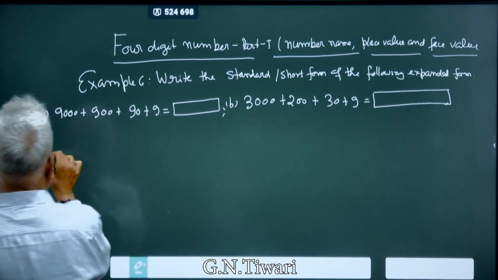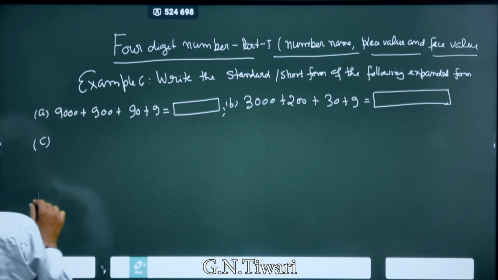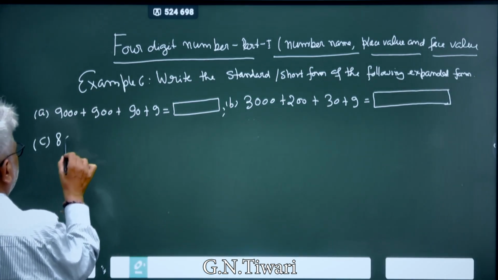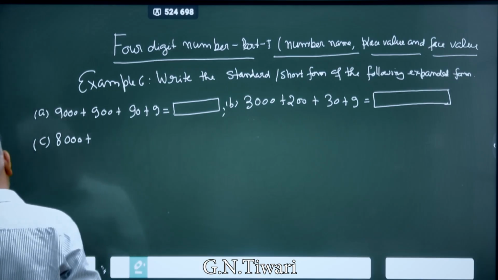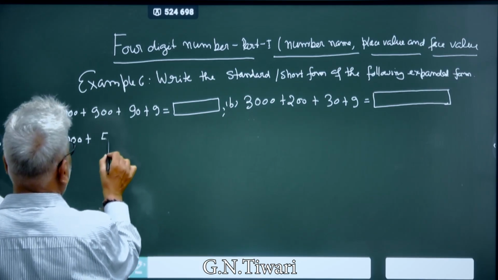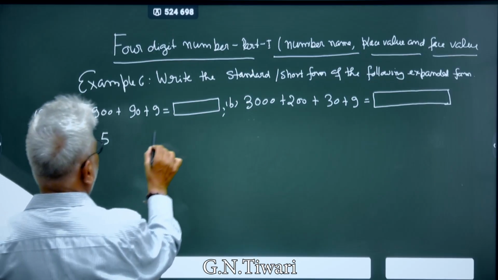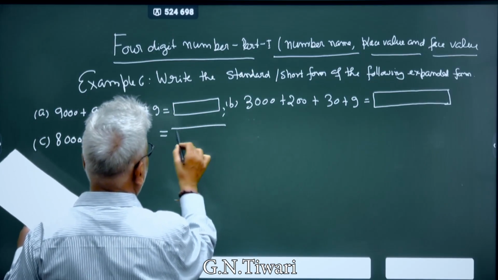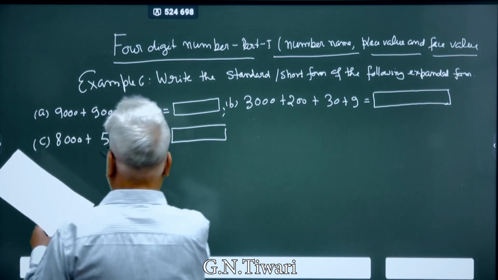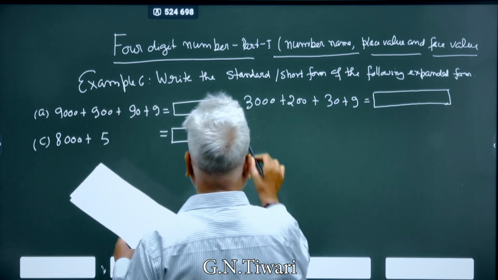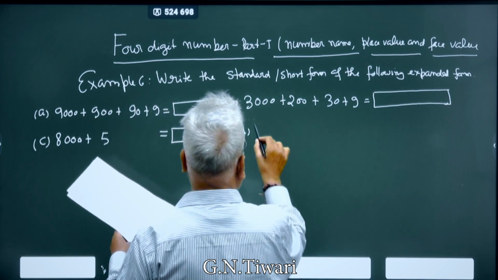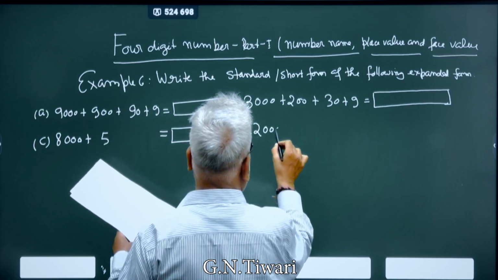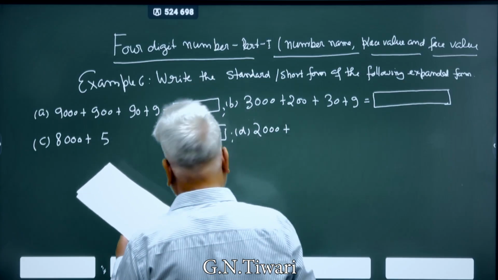Then C, 8,000 plus 5, and do the expanded form. ये सबसे important ये question है. Then D, 2,000 plus 30.